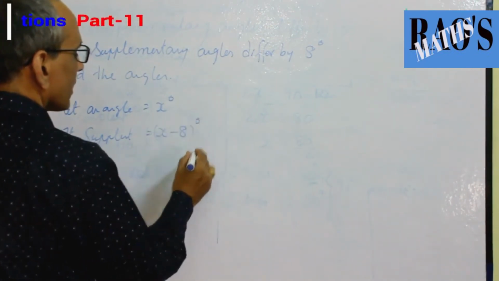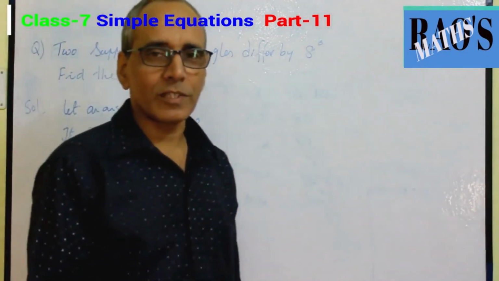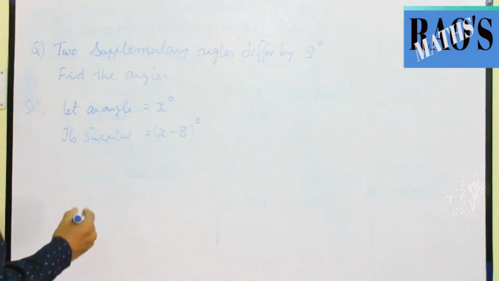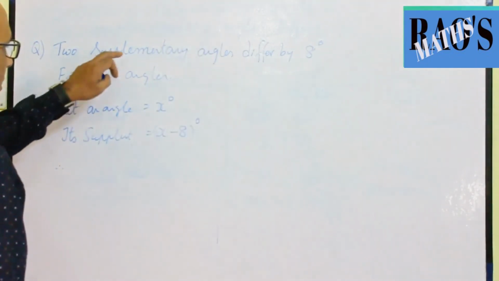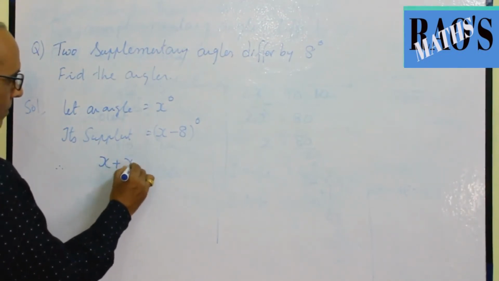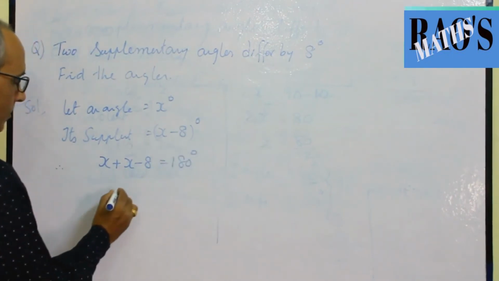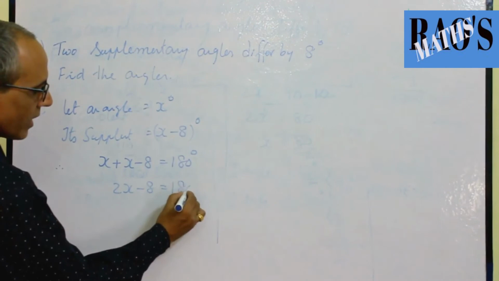I don't take x plus 8 because I took x plus 10 in the last question. I take x minus 8 for a change. And the sum of these two is 180 because they are supplementary. So first angle plus second angle together 180 degrees. So 2x minus 8 is 180 degrees.